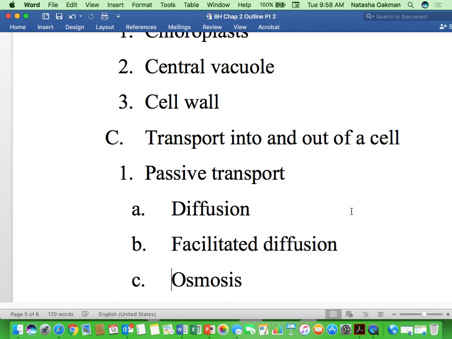So we don't talk about the concentration of water because water is not a solute. It's a solution, or a solvent, I should say. Okay. But the idea is still the same. Water moves from where there's a lot of water to where there's less water until it's balanced out.